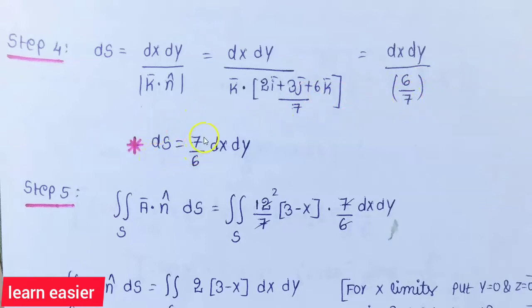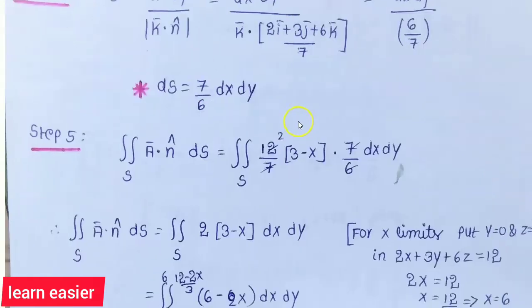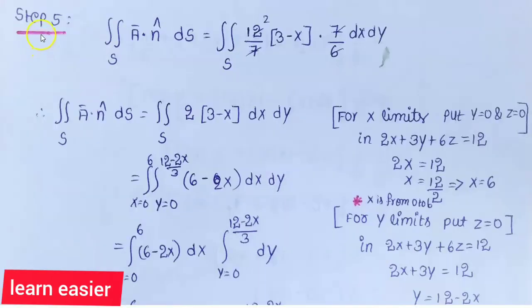So ds is 7 by 6 into dx into dy, because the 7 is in the denominator, so we take this 7 as the numerator. So ds equals 7 by 6 into dx into dy. Now the next step is step 5.